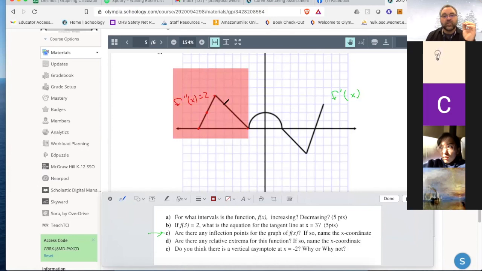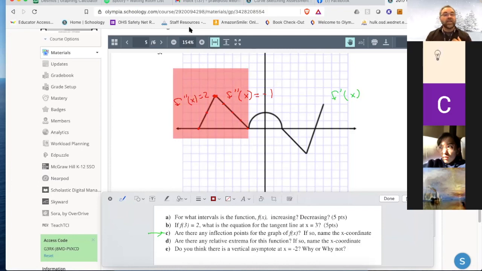What's my slope? It's down 1, right? So f double prime of x is equal to -1 on that interval, -6 to -2. Aha! There's a change in sign of the second derivative. It was positive, and now it's negative. And the change in sign happened when the first derivative went from increasing to decreasing.